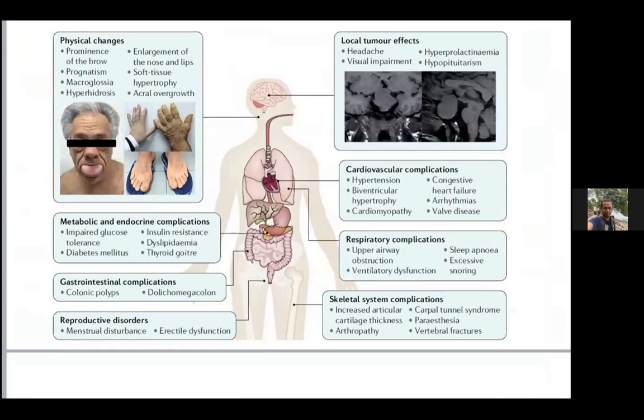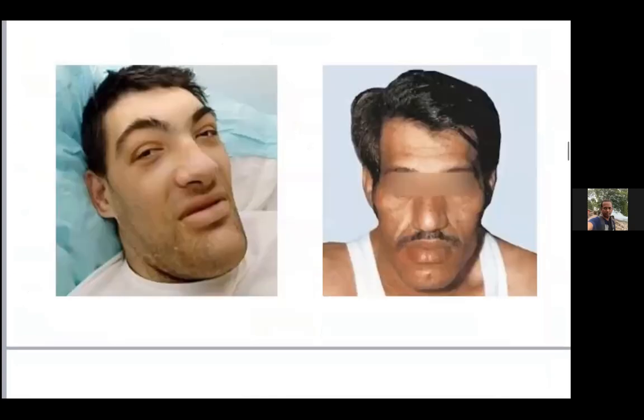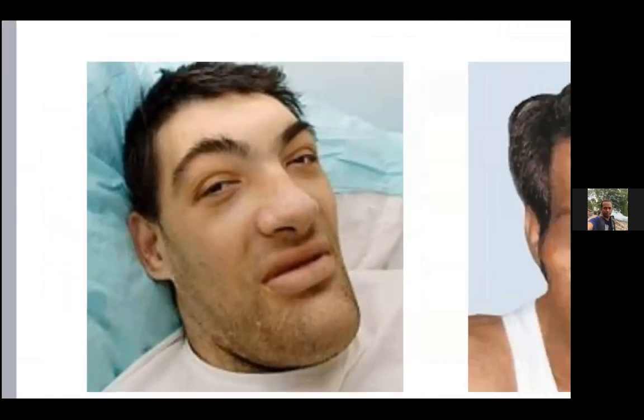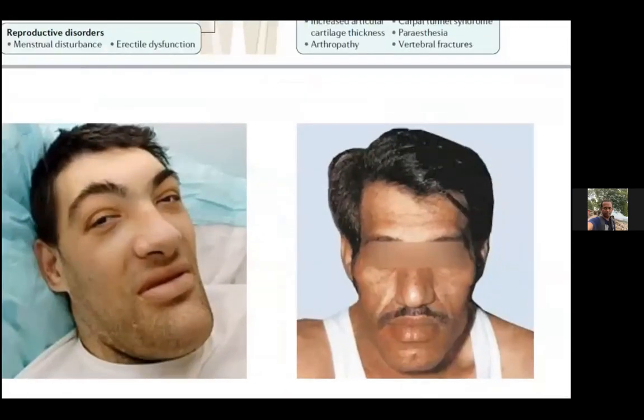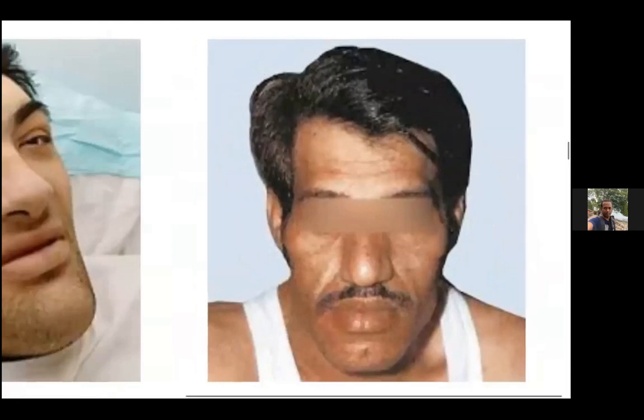A few patient pictures, just to make sure. This is a very classic picture of this patient. You see, he has a big nose. You can look at the rectangular type of face. Prognathism, the chin is protruding out. Increased size of the lower lip, and increased brow. The same as with this person also.